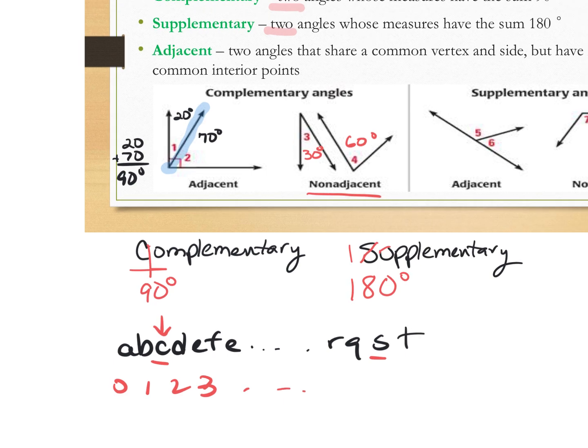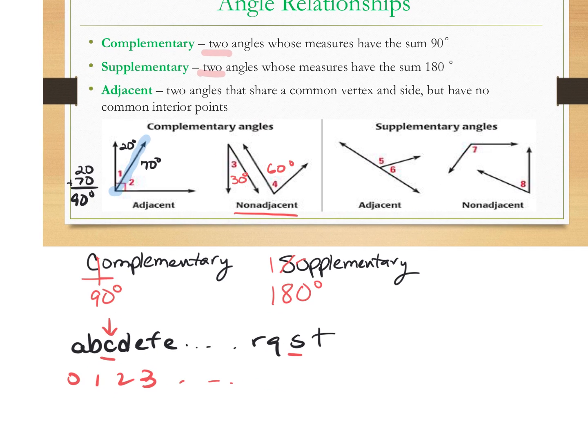Then for the supplements, whenever you see a straight line, and if they take that line and they split it, you're going to realize that a straight angle or a straight line is 180 degrees. So if I were to split that, and let's say I told you that this was 100 and this one was 80, you're going to see that there's supplements.